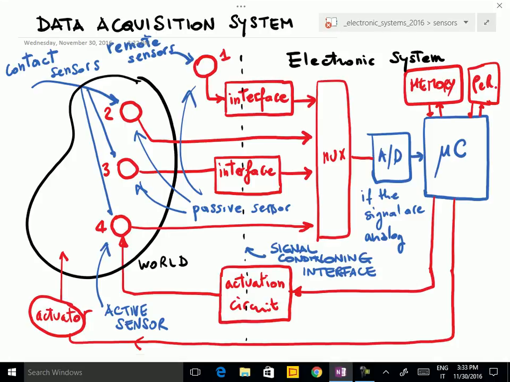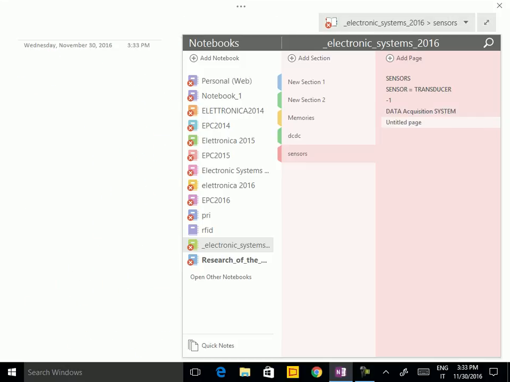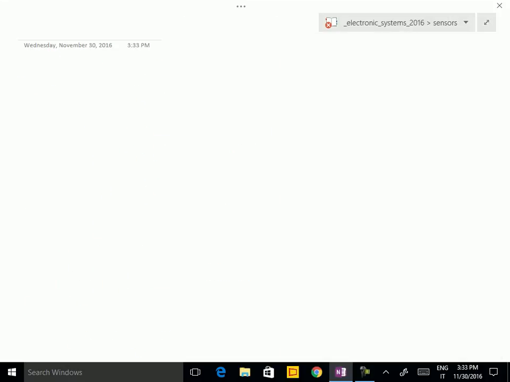Let's get into some details related to the sensors, some terms for the classification of sensors before we look at the properties.